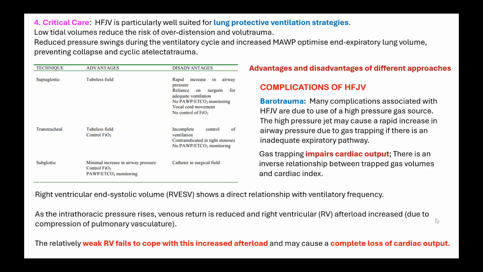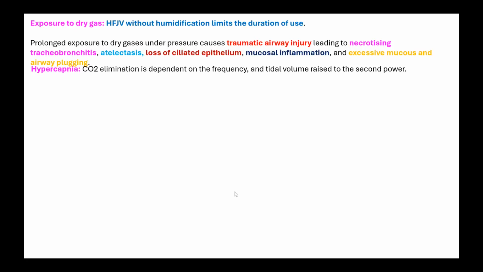Complete loss of cardiac output may happen. And exposure to dry gas without humidification for a long time will also spoil the mucociliary escalator and cause encrustation. And prolonged exposure can cause traumatic airway injury and tracheobronchitis, atelectasis, loss of ciliated epithelium, mucosal inflammation, etc., all because of the dry gas.